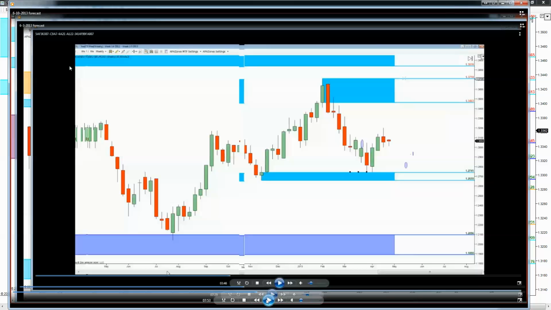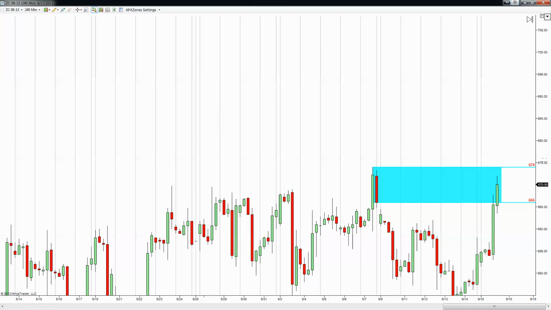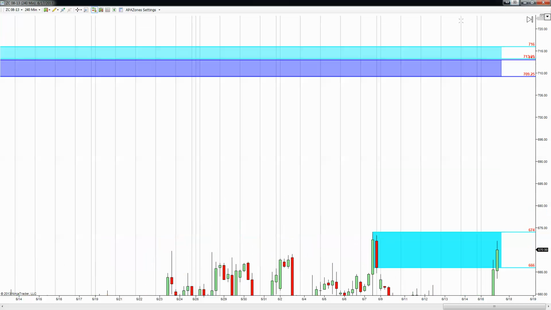Alright, now let's go ahead and look at corn. So this is what we're looking at here. Again, we are watching the 700s, these two levels up here, for where price is going to be going up to.